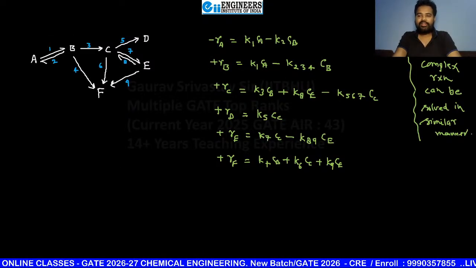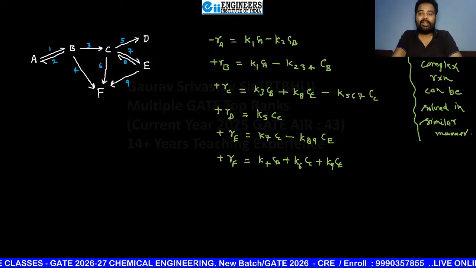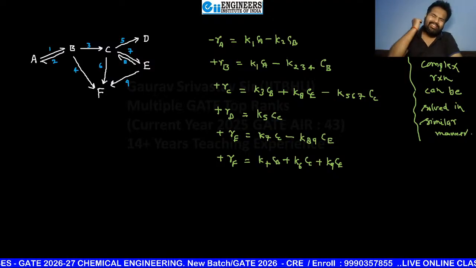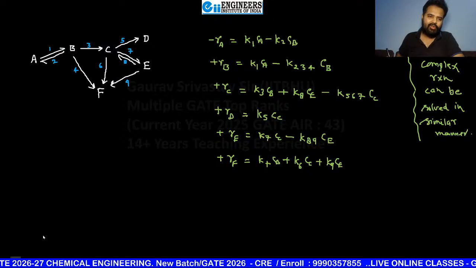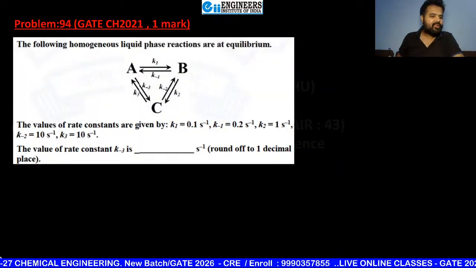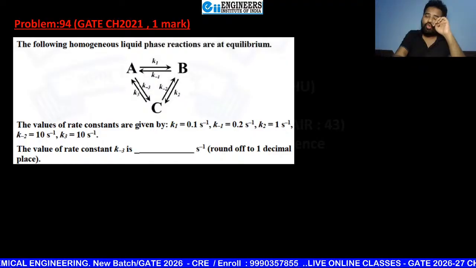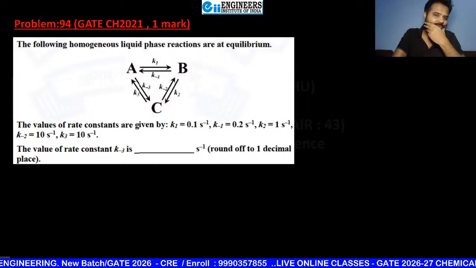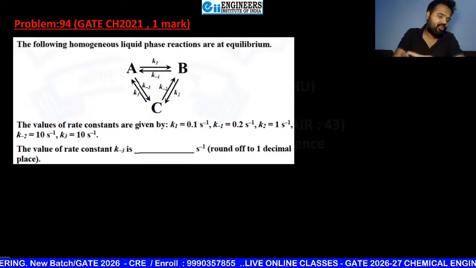See, I just wrote that any dynamic reaction or any complex system can be solved in a similar manner. That means whatever reaction network they make, however big, you will be able to write it. You can do everything. I will give you one homework, a big network. Just take a picture and share it on Telegram. Just share the answer, no need to share the question.